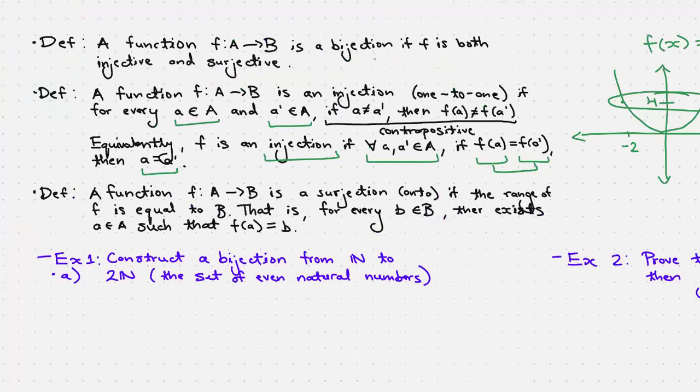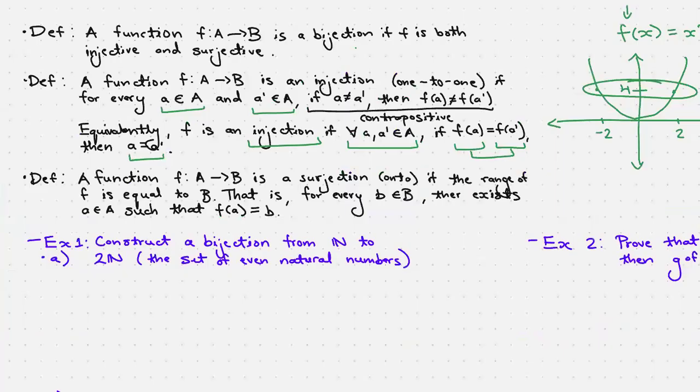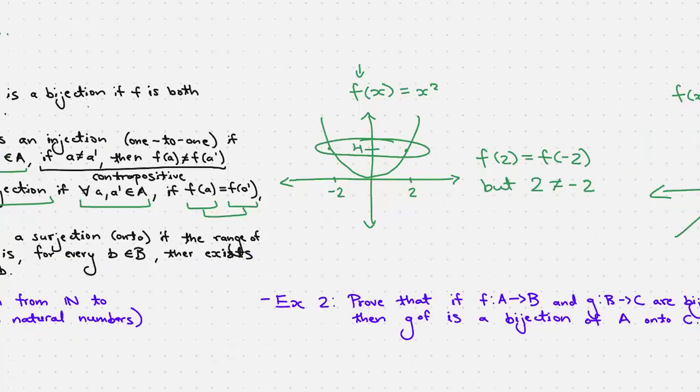Note that the range of this function is not the entire real number line. So even though f is said to map to the real numbers, it only maps to the nonnegative real numbers, including 0. And because of that, the range is not all of B. And so we would say that f of x equals x squared is not a surjection.